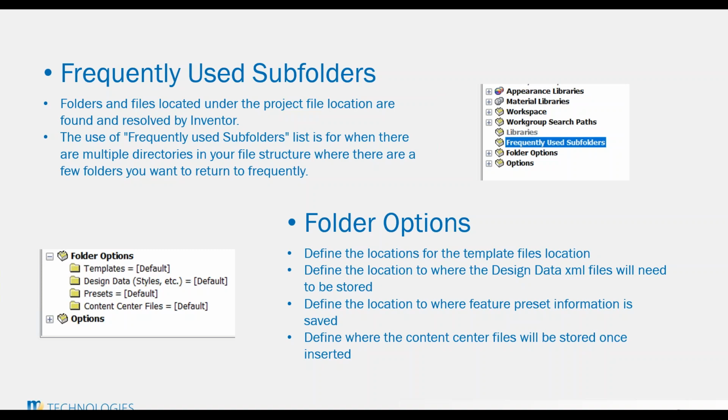The presets, that's when you look at anything that has a properties dialog box. For example, if you were to put a hole into your part, whether it's a tapped hole or a countersunk hole, maybe it's a clearance hole.